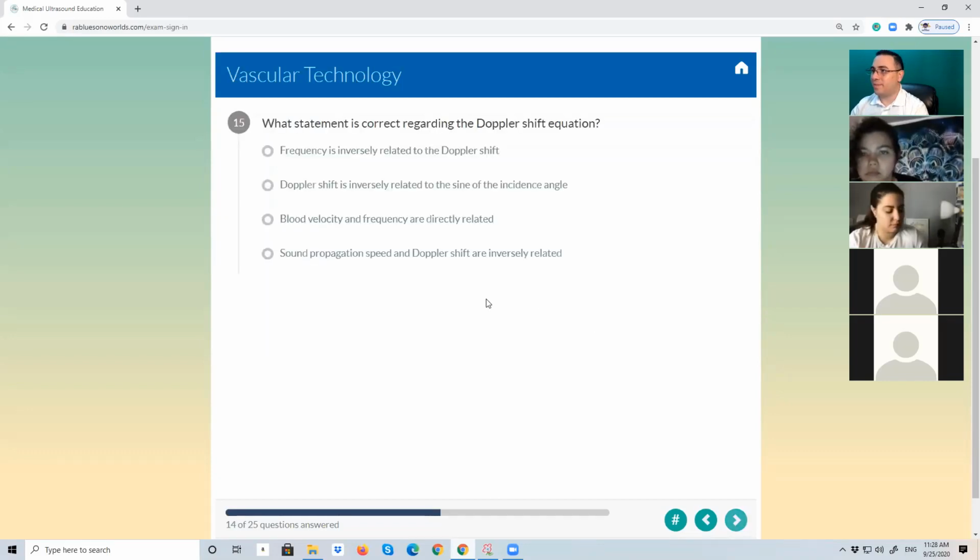How about this one? What's the correct one when you are talking about the Doppler shift equation? And this one doesn't have pressure gradient inside the formula, right?